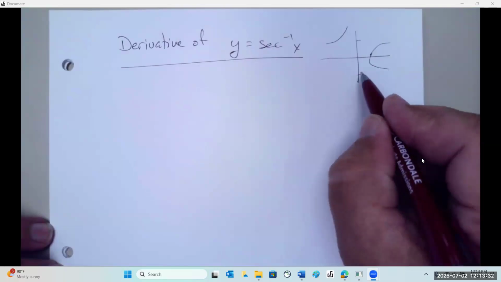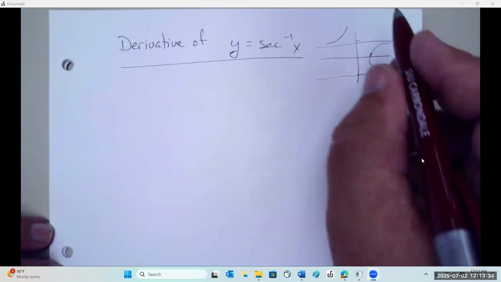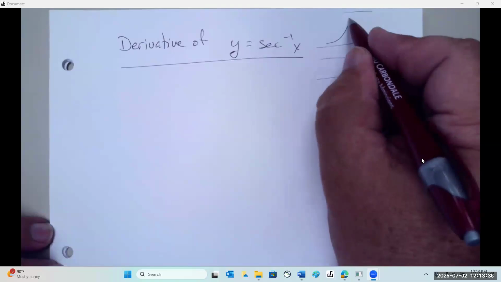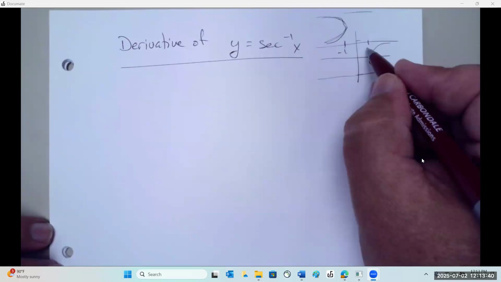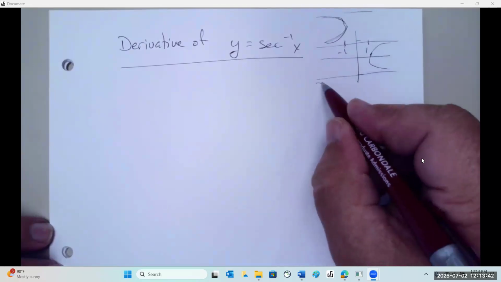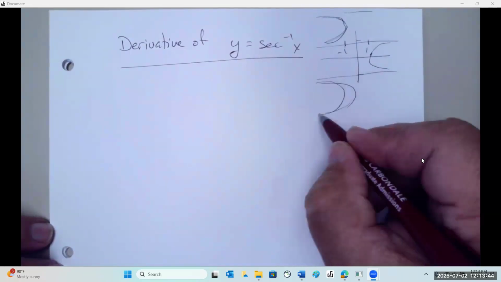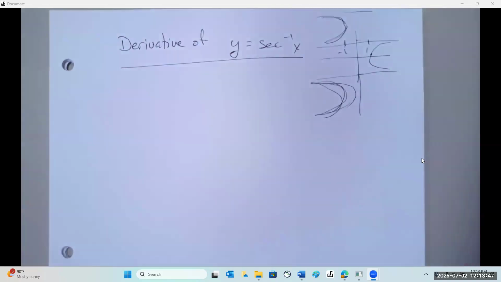It was between negative pi over 2 and pi over 2, and pi over 2 to 3 pi over 2, and it started at negative 1 and 1. Because of the graph.